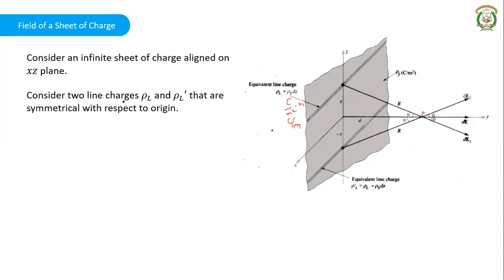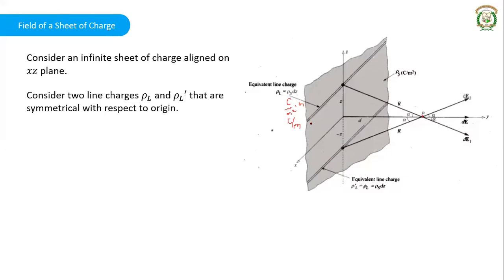We will consider two line charges which have charge densities of rho L and rho L dash. Just like in the previous case, where we considered dq and dq dash as two point charges, here we consider two line charges, rho L and rho L dash.